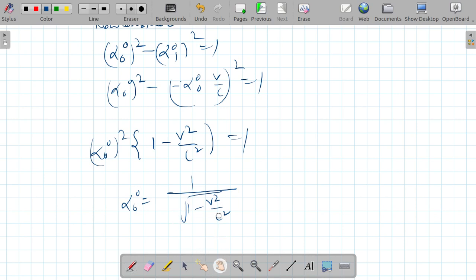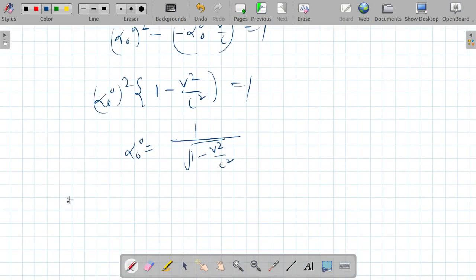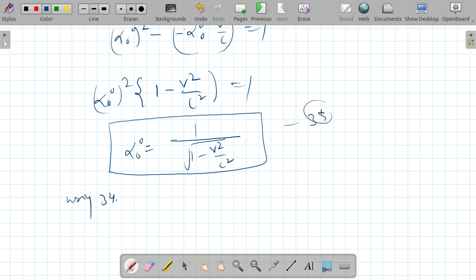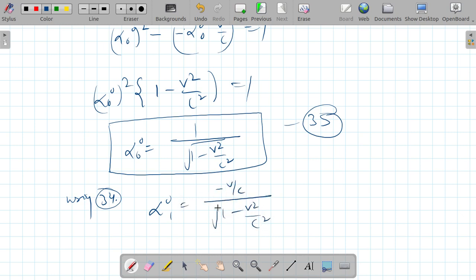And using equation 34, alpha 0 1 comes out to be minus v over c over 1 minus v square over c square under the root.